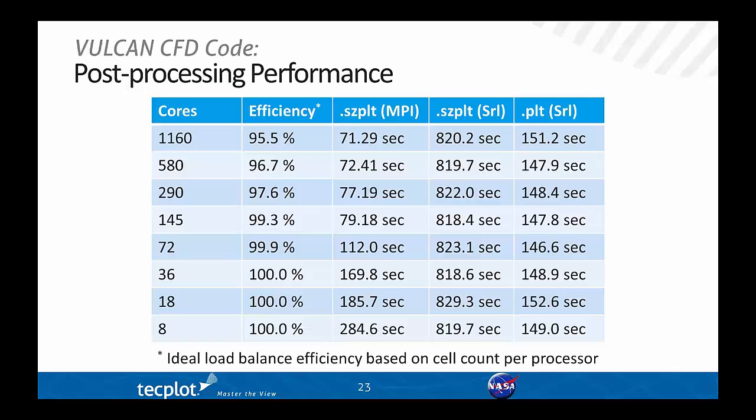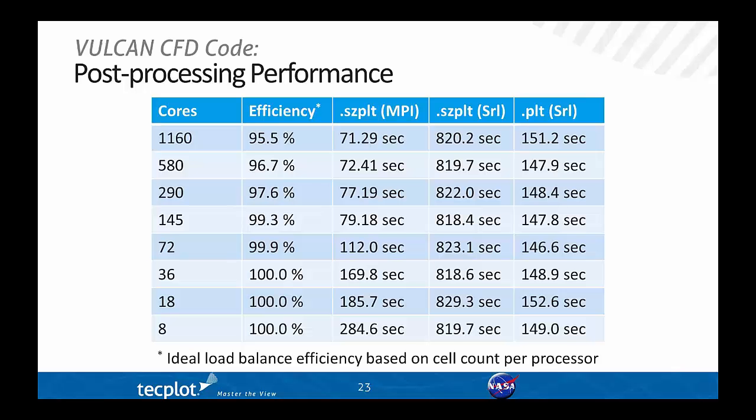One thing you'll notice is that the output of the .szplt format is, in general, more expensive than outputting the standard .plt format. It's my understanding that's because of all the indexing they do to make post-processing more efficient once the data is loaded into Tecplot. So you're paying for that efficiency a little up front when you output the data files.